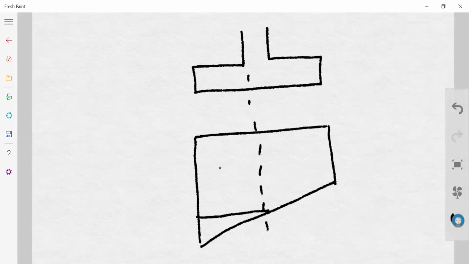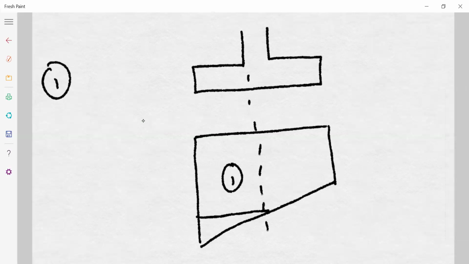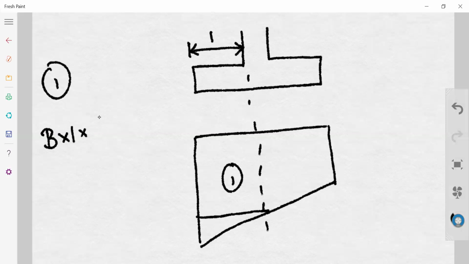So this area 1, if I consider this area 1, how will we calculate the moment? So width we know it is B into the length is 1, 1 into the value that is here is 138.93.